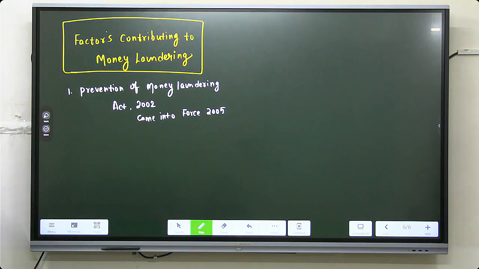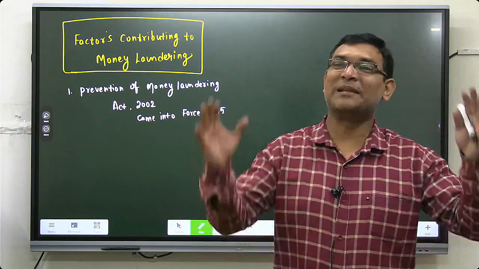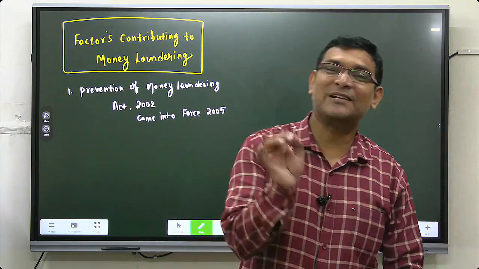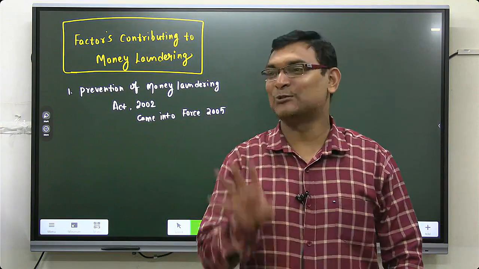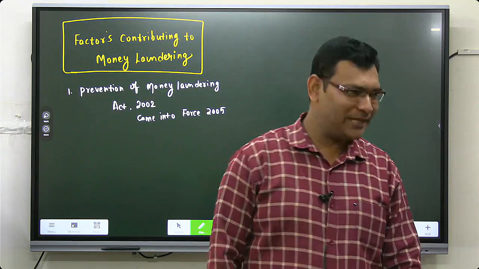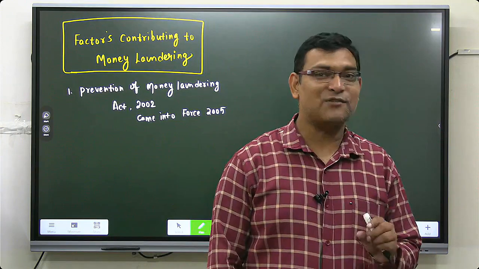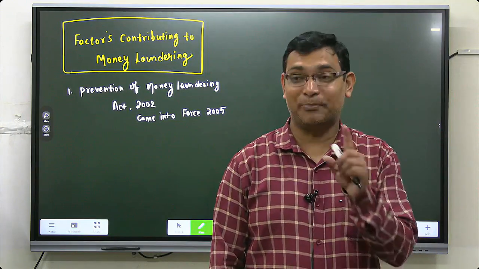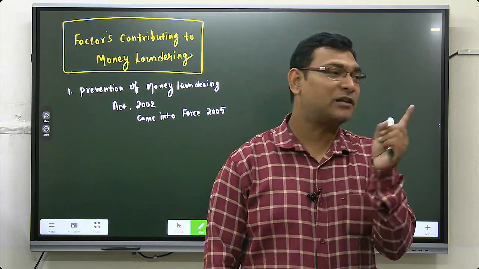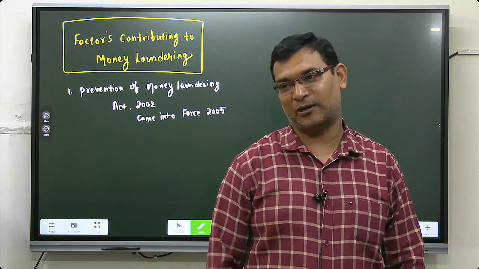Will you frame it in an exact manner or a reckless manner? Reckless manner only. So there were many loopholes in the Prevention of Money Laundering Act 2002. That was the failure of the Act in acting against money laundering.